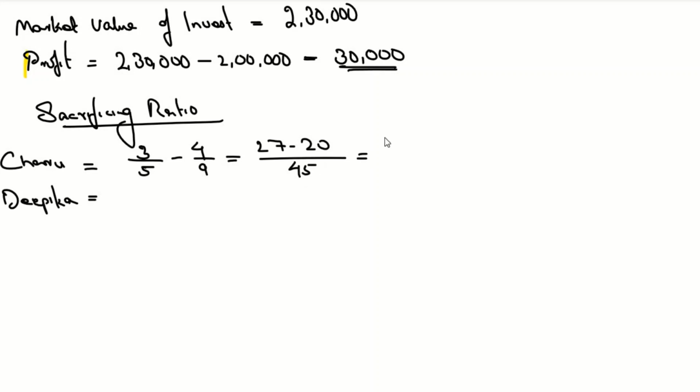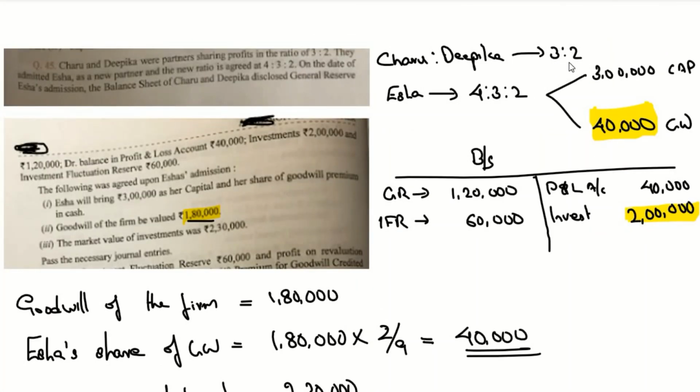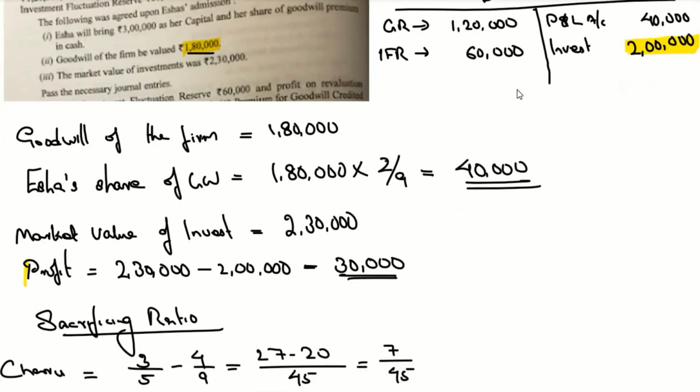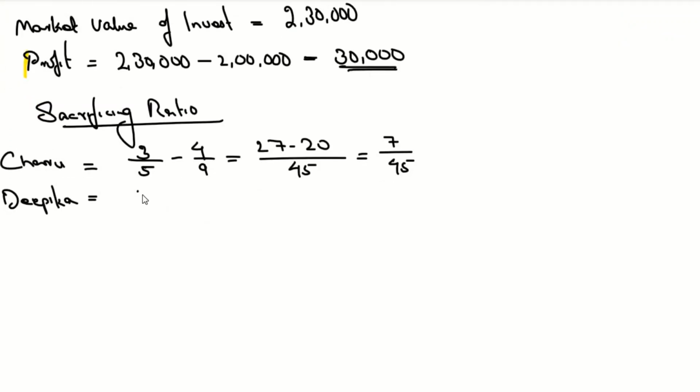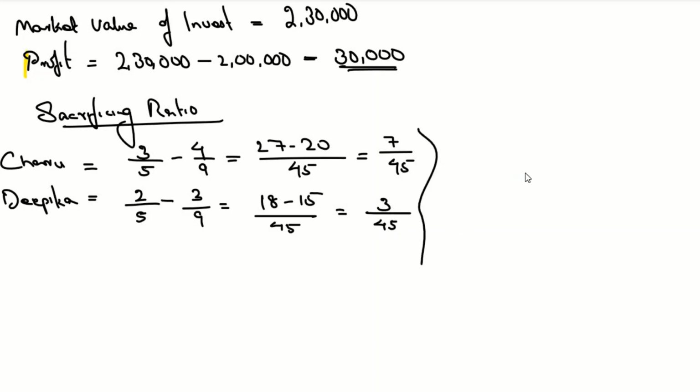That is equal to 7 by 45. Then for Deepika, the old profit sharing ratio is 2 by 5 and the new one is 3 by 9. Okay, so it is 2 by 5 minus 3 by 9. That is equal to 18 minus 15 by 45. That is equal to 3 by 45. So the sacrificing ratio between these partners is 7:3.